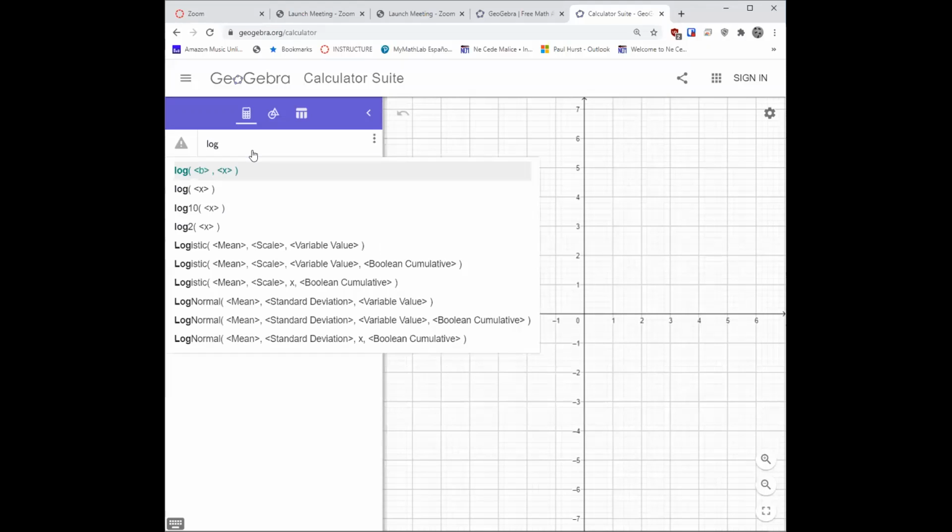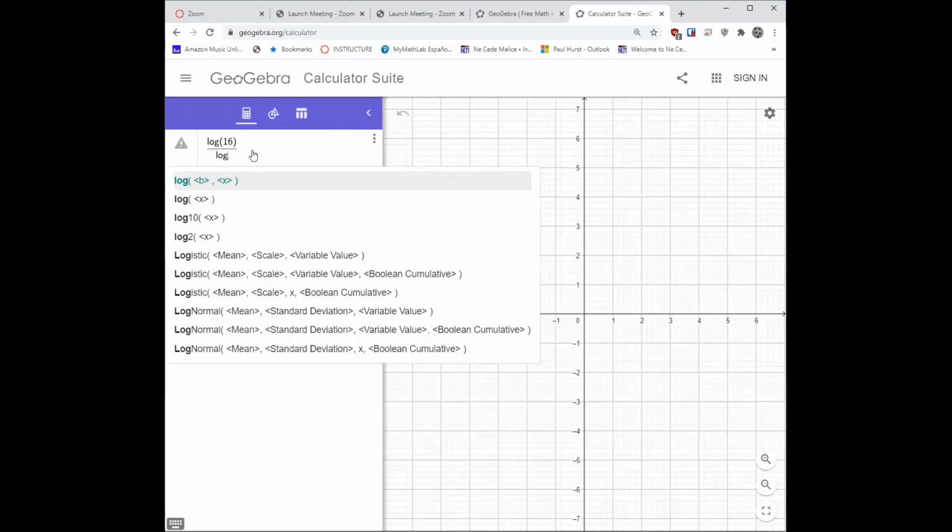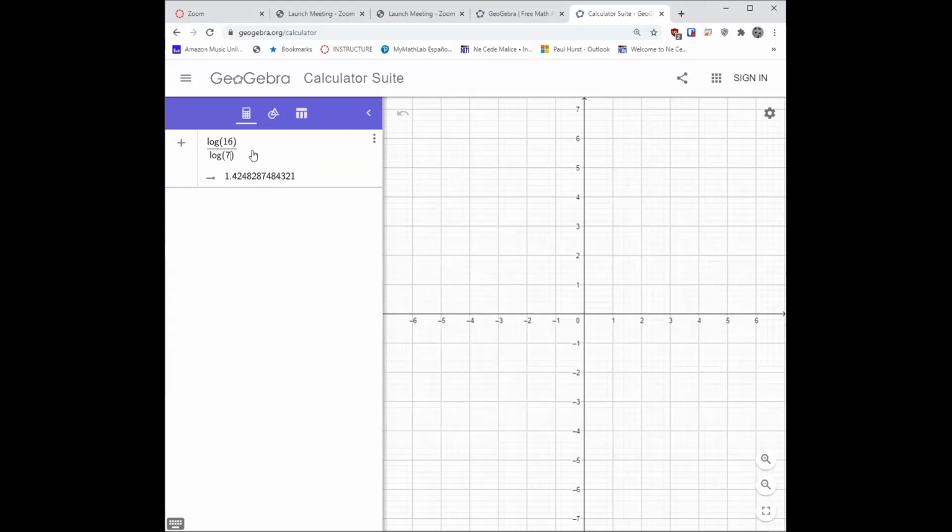Okay, so you can type log of 16 divided by log of 7, and that's going to be the answer. 1.425 will be the answer.